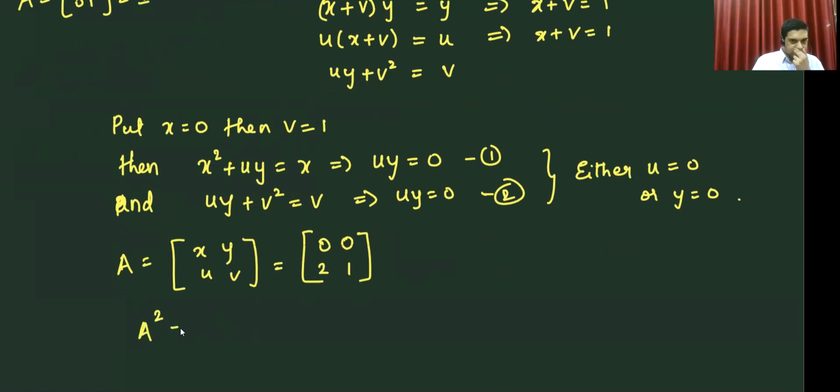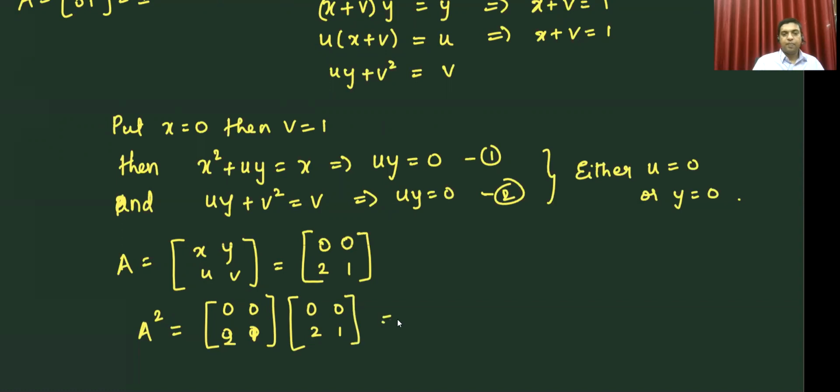A square. Let us see whether it works. So A square, first term 0 into 0 plus 0 into 2, so 0 plus 0.